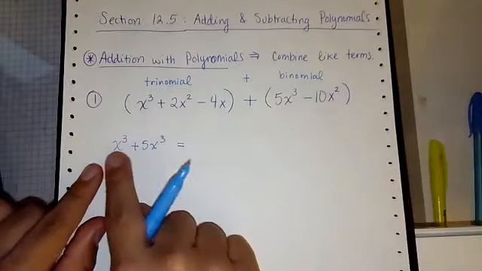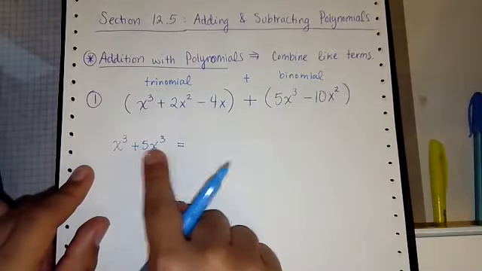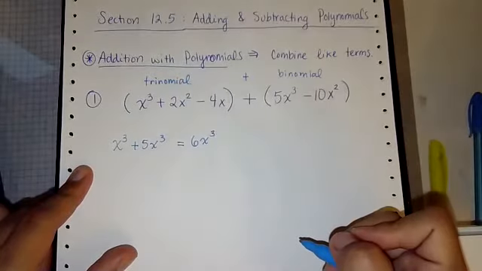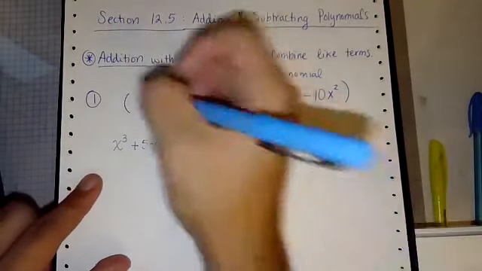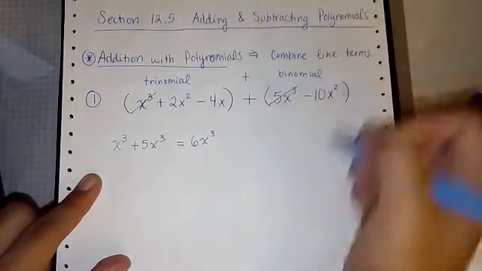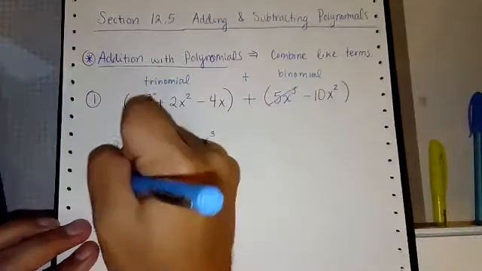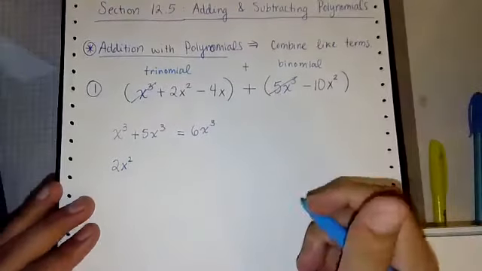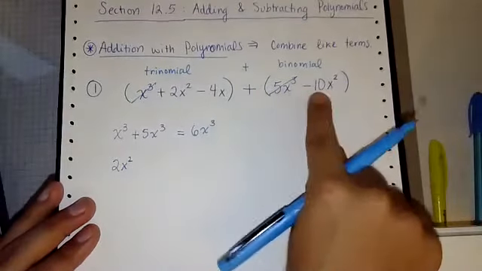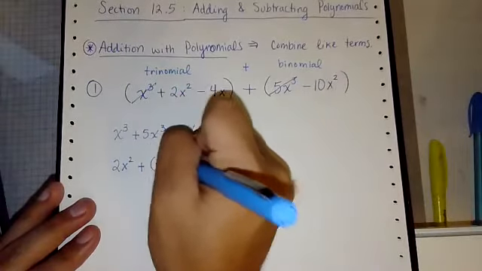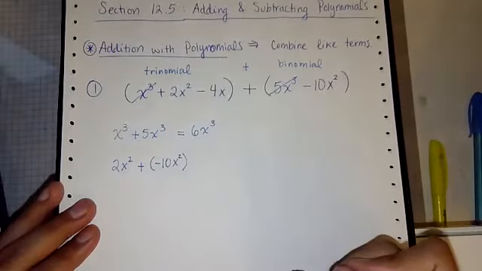Okay, so we have 1 apple and we're adding that to 5 apples, so that would be 6 apples. Okay, that takes care of these guys. Now we can move on to our x to the second power. We have 2x to the second power here, and then we're going to add that to negative 10x to the second power, so plus negative 10x to the second power.